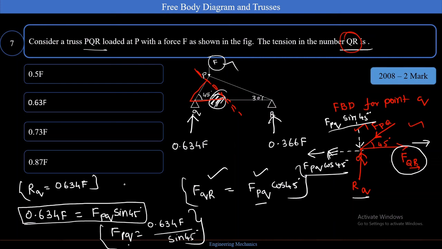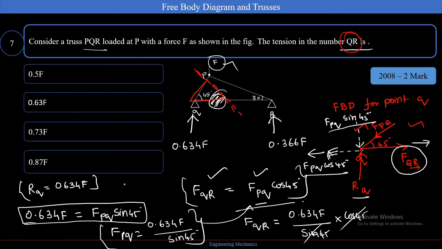Okay, this is what I'm getting. So I'm going to substitute here. So what I will get, FQR is going to be 0.634 F divided by sine 45 into cos 45. So I can easily cancel this to 1, and my answer is going to be 0.634 F, that is 0.63, that is my B.